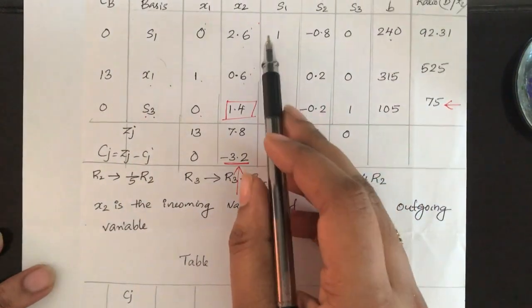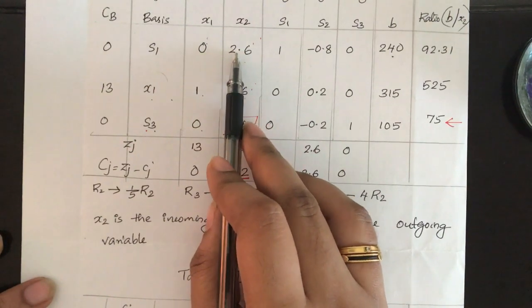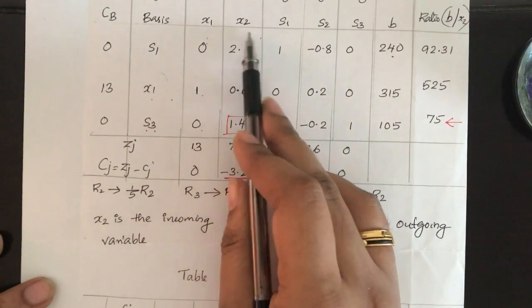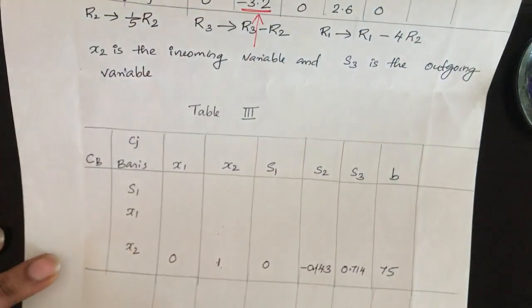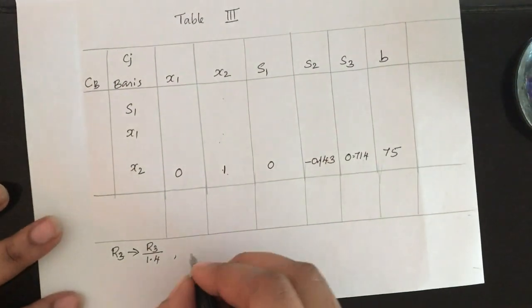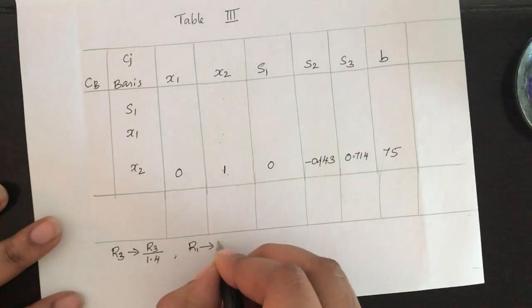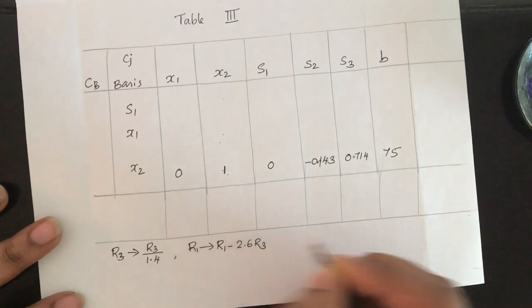Next row transformation, these two values should be 0. For that, here the value is 1. I am going to treat the first row first. So R1 changes to R1 minus 2.6 into R3.